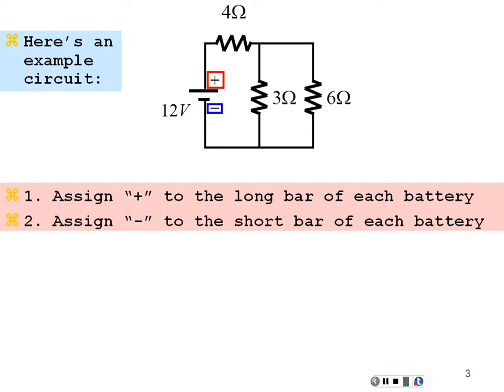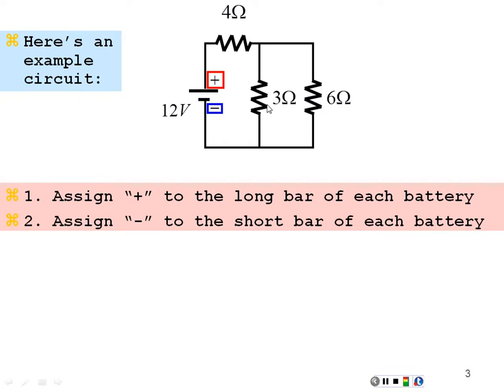So you want to make good assumptions, but you can make any assumptions. It's possible you might come up with a negative current at the end, and maybe your current's going in the wrong direction. So 2 negatives make a right. In other words, 2 wrongs make a right. That's okay. It's okay to have a wrong direction with a negative current. But we'll just go with whatever you do.